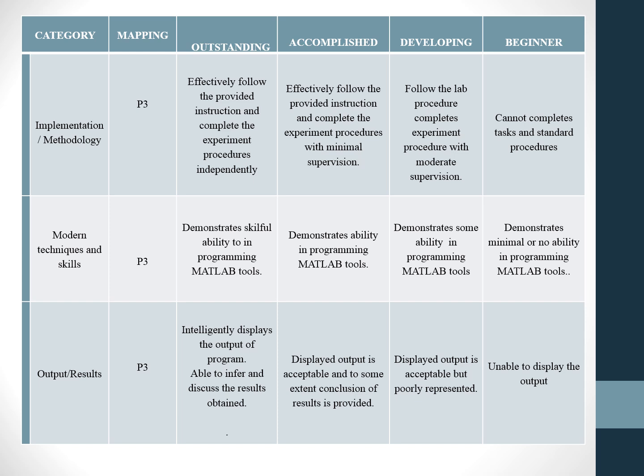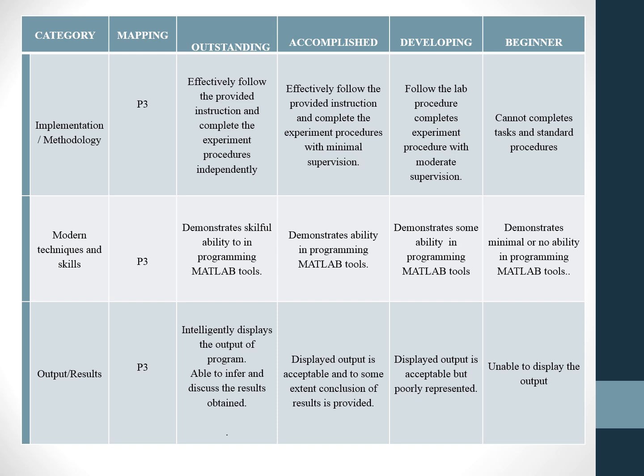So let's talk about the rubrics associated with the assessment of biosignal processing labs. There are three categories on which you will be assessed. These categories are implementation methodology, modern techniques and skills, and output, results. The associated levels with each category are outstanding, accomplished, developing, beginner.